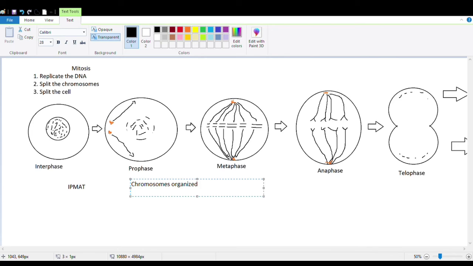Then the nuclear membrane degraded a bit. And lastly, the centrosomes migrated to opposite poles.